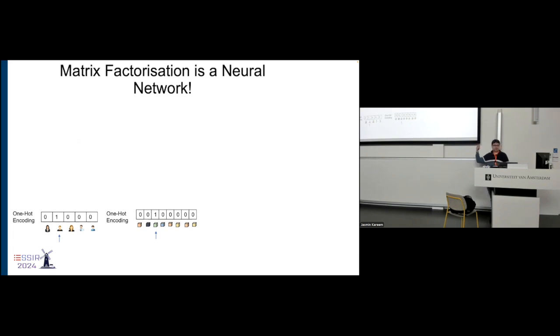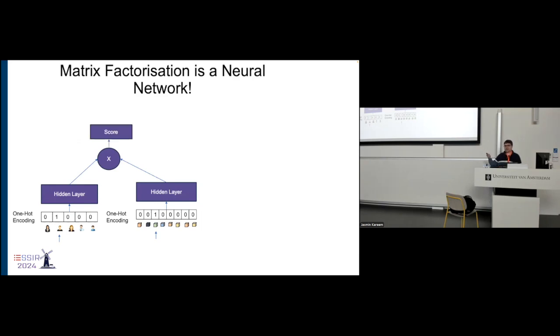So we build one-hot encoded representations of a user and item, and then we apply a hidden layer, just a normal hidden layer in neural networks, and we apply dot product. And that's it, it's our score. So we just redrew the matrix factorization as a neural network.